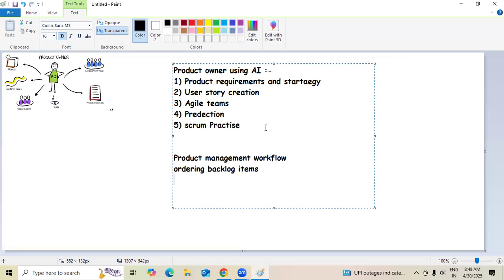After the release management plan is done, we then do the Scrum implementation, the sprints and everything. So we need to know about ordering of backlog items, the key deadlines, and the reminders that need to be set. This is also one of the key and important elements.